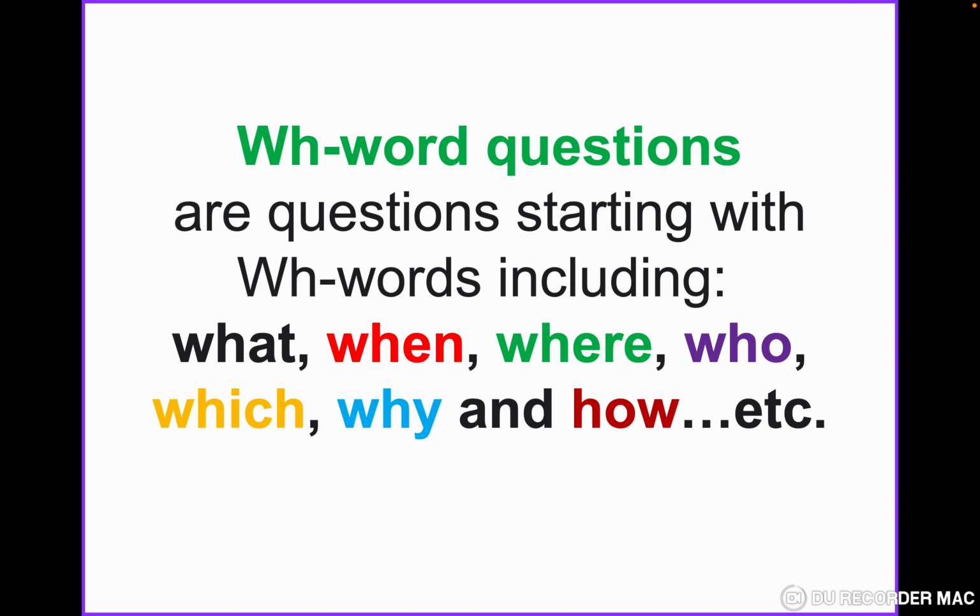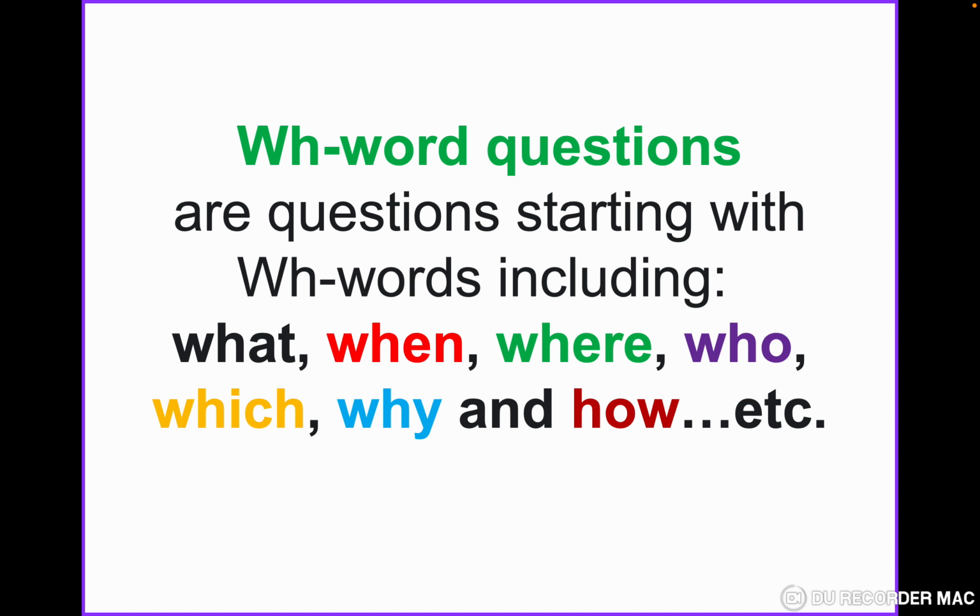So I need here to re-explain the meaning of these words. We use what when we ask questions about things. We use when when we ask about time. We use where when we ask about a place.